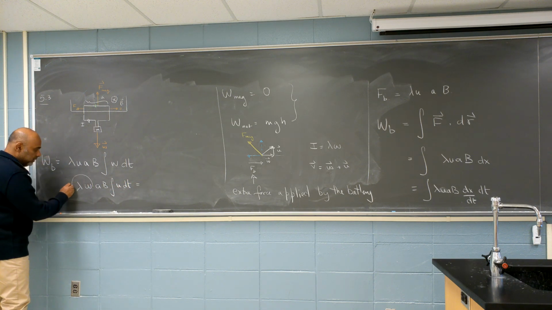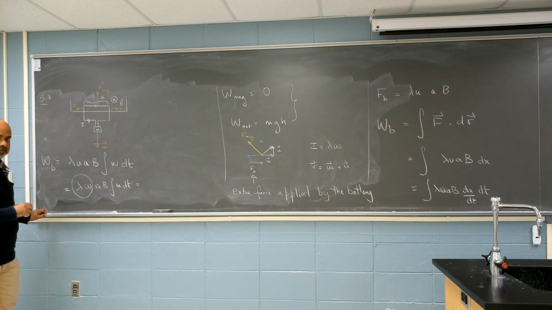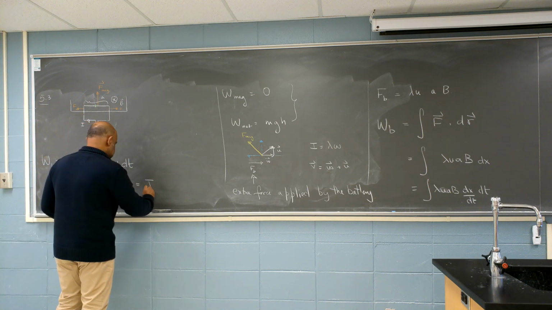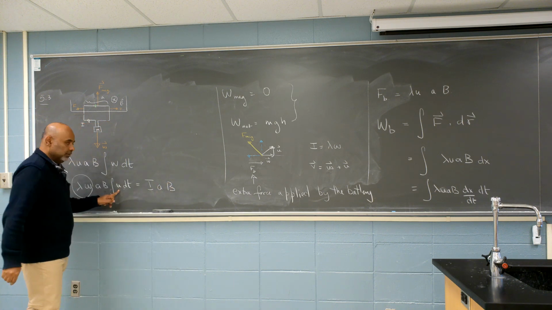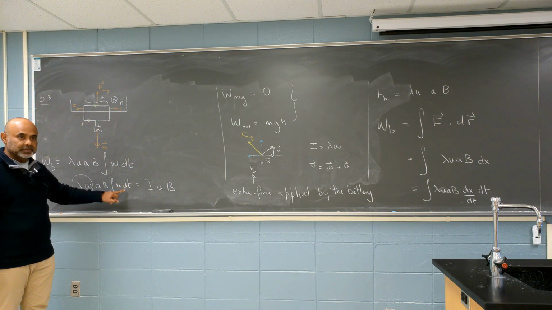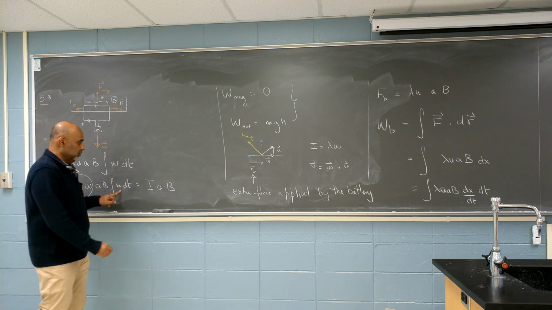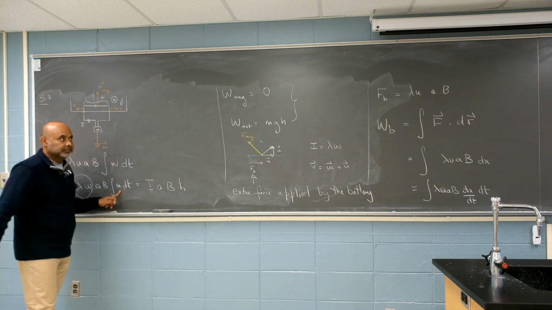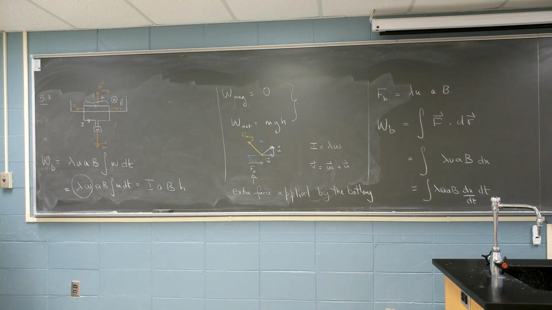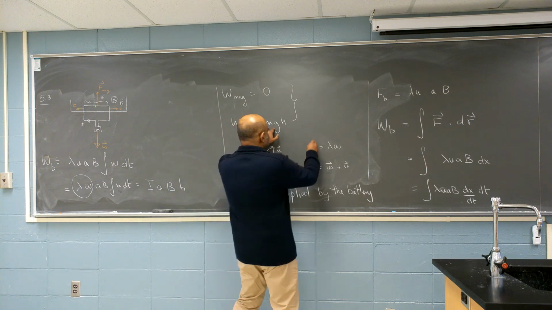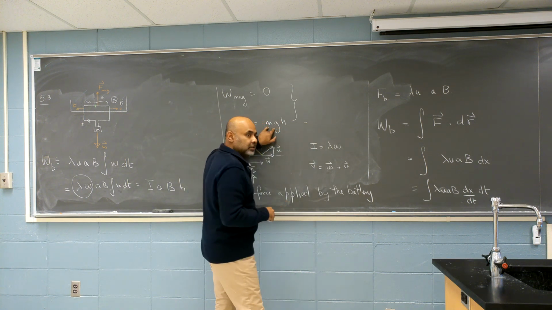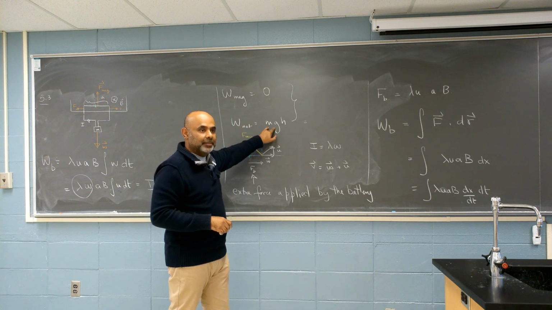This is the current, AB, and this is the vertical displacement. Well, that's just the height. We had previously shown that this is IAB.